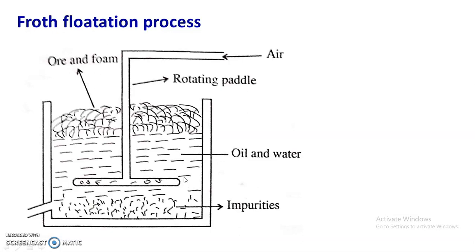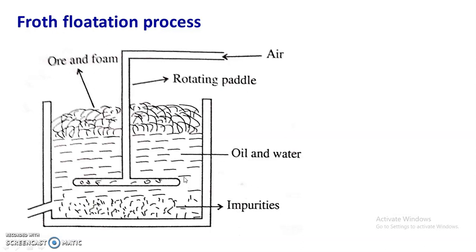The silica particles or earthy matter are wetted with the help of water and settle down at the bottom of the tank, because earthy matter is heavier than the sulfide ore, whereas the metal sulfide particles are wetted by the froth, which is formed by mixing oil, water and air.